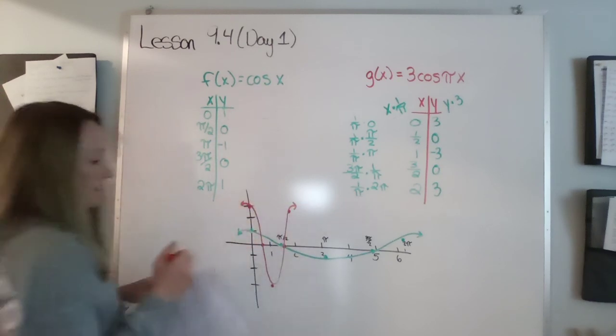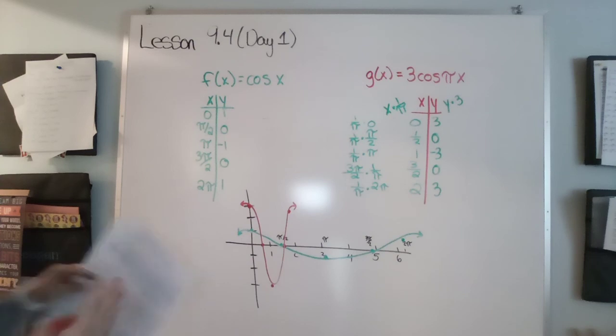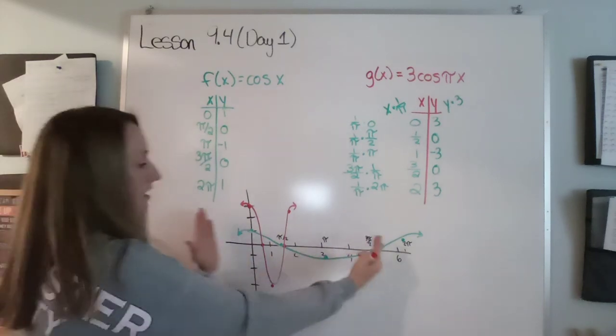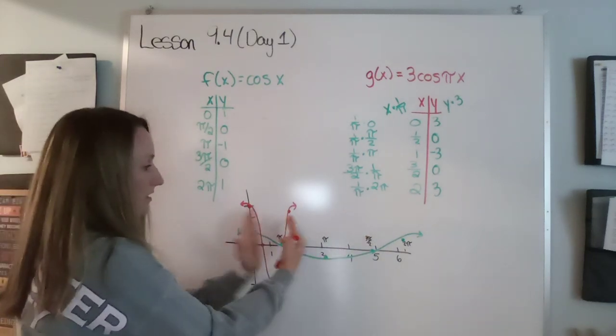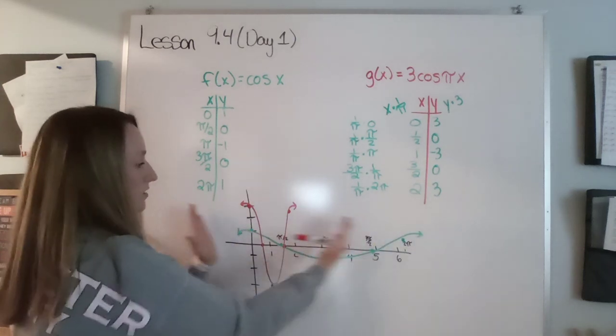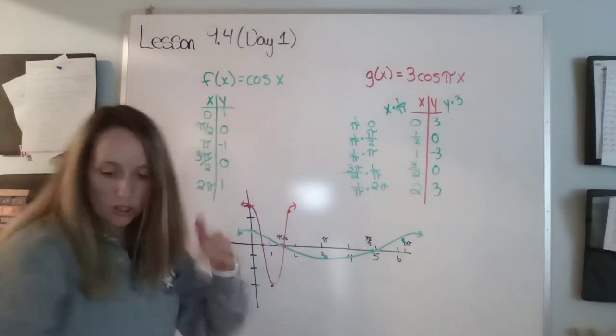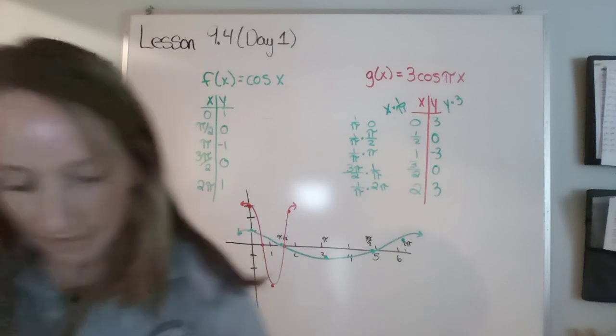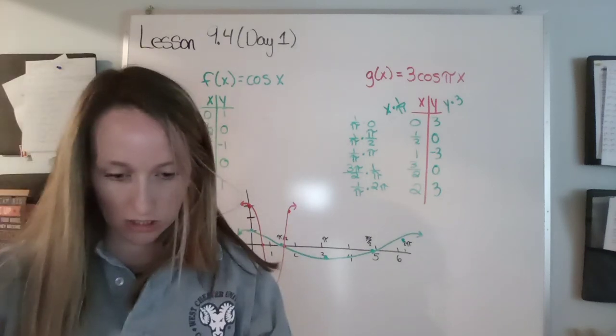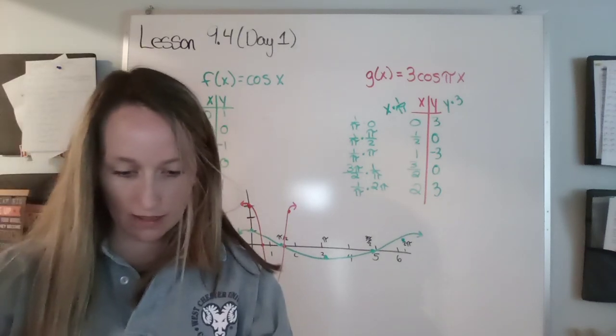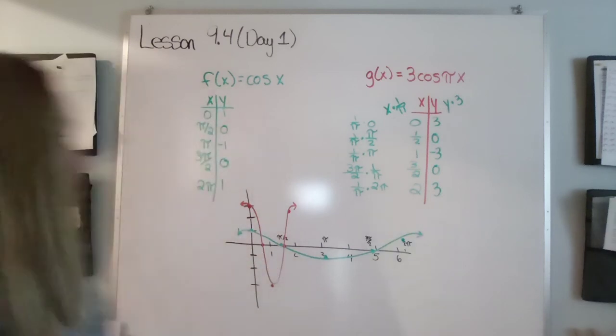So you can see that it was both horizontally shrunk, right? It got skinnier this way. It's not as elongated. Horizontal shrink and vertical stretch. Okay, I think that's it.